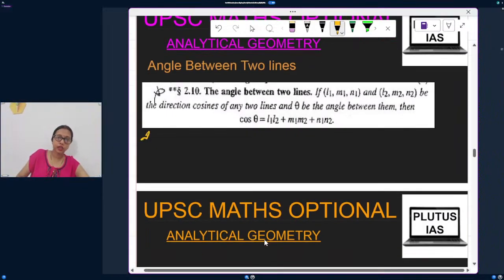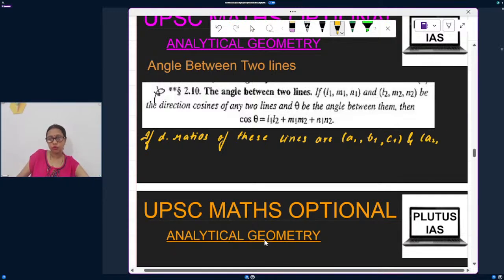If direction ratios of these lines are A1, B1, C1 and A2, B2, C2, then you can write this formula by yourself also, because you know the formula in terms of direction cosines.